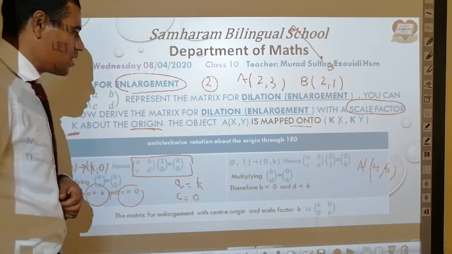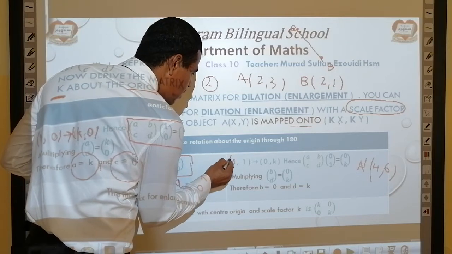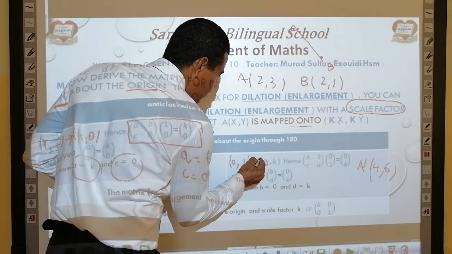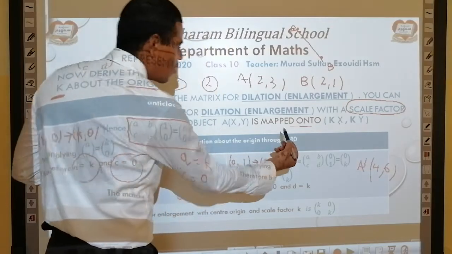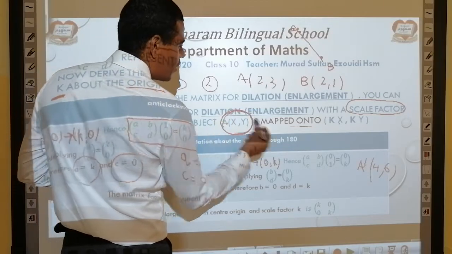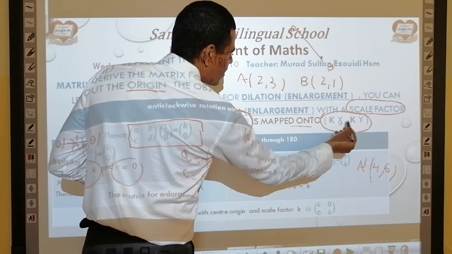For the next point, my kids, (0, 1) will map into (0, k). Why, my kids? Because we said any point of coordinates (x, y) will give A prime of coordinates (kx, ky).